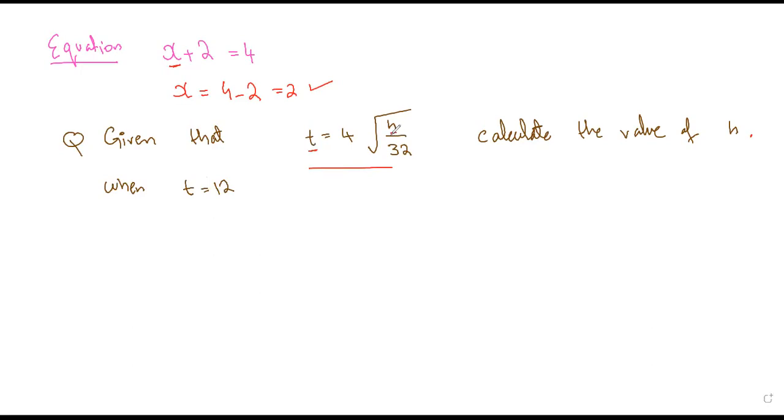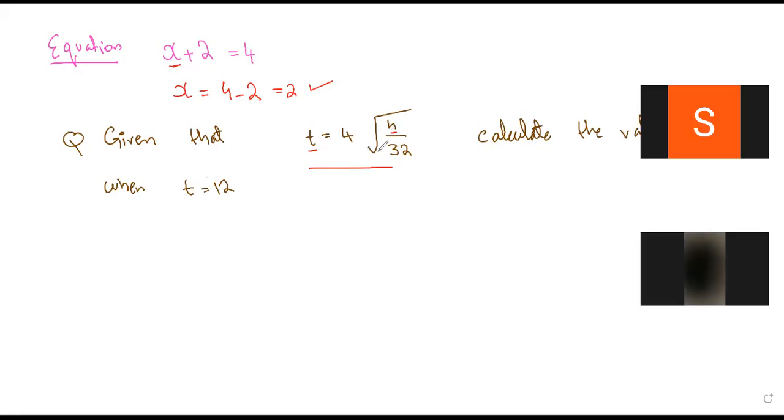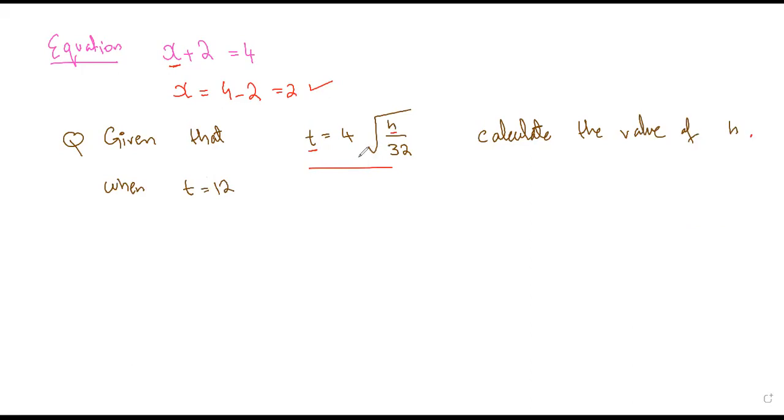If we have to solve an equation with one variable, the equation should be one. And if we are interested in finding out the values of both these variables, like t and h, we need to have two equations, just like we do in simultaneous equations. Do you know what simultaneous equations are? Yes. Okay. So obviously they are interested in finding the value of h when t is 12.